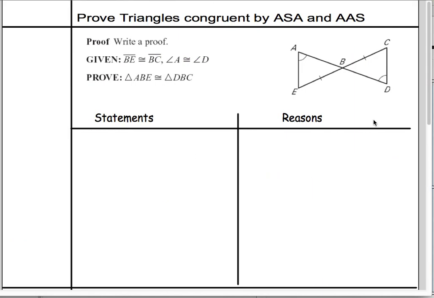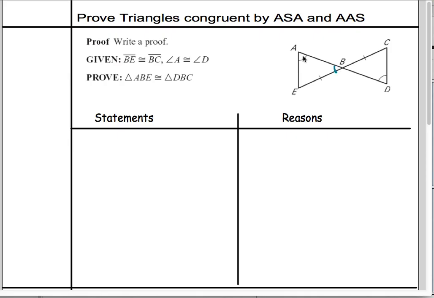Here's another proof. And we are given that BE is congruent to BC. That's marked. We are given that angle A is congruent to angle D, and that's marked. This is that bow tie picture I was talking about earlier, where these triangles are touching and they make this bow tie, and anytime you have the bow tie picture, you have vertical angles.